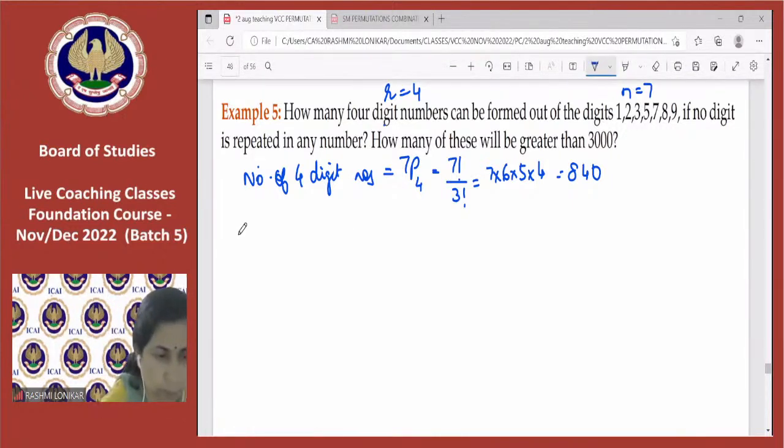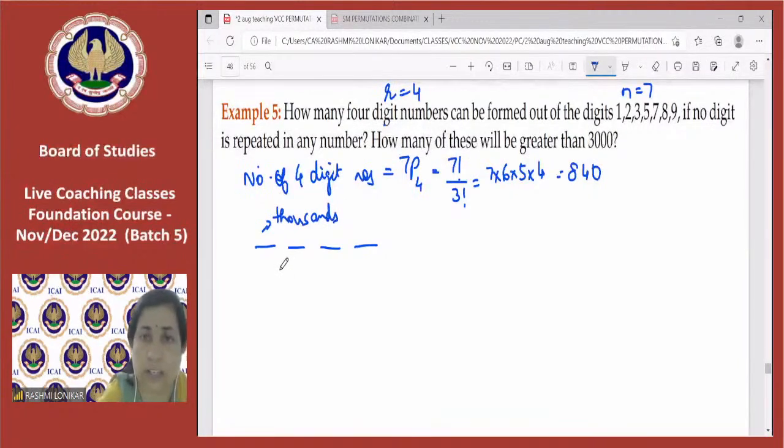So what happens is, this is the thousands place, right? Because it should be greater than 3000, I can have 3, 5, 7, 8, 9 there.